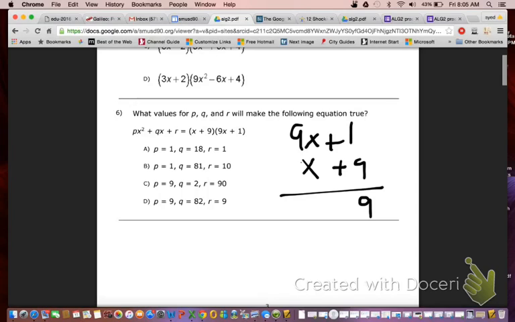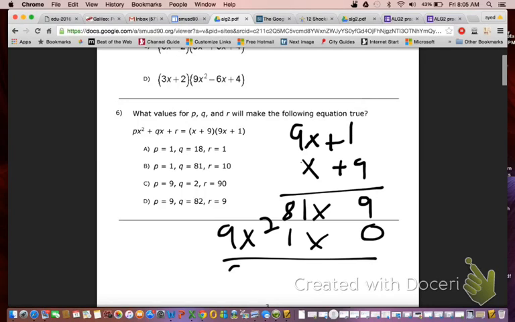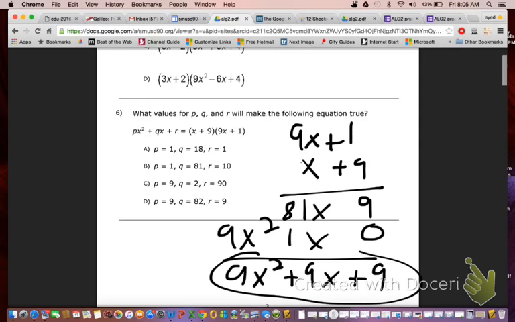And you get 9, 81x. So now we have this. So P equals 9.